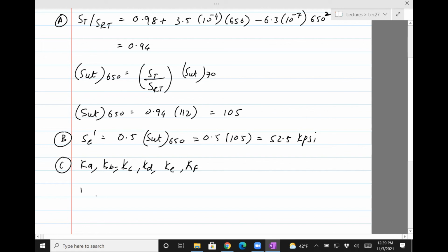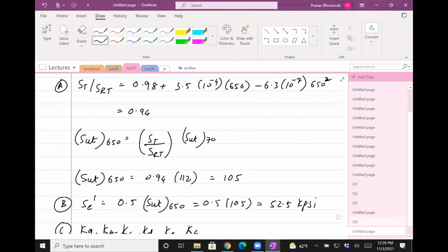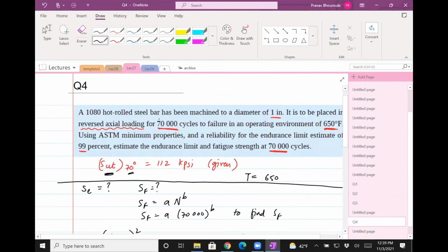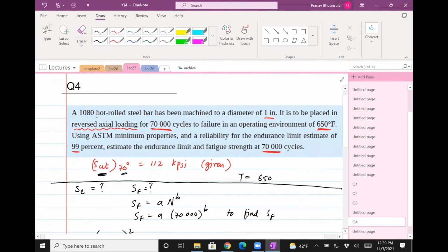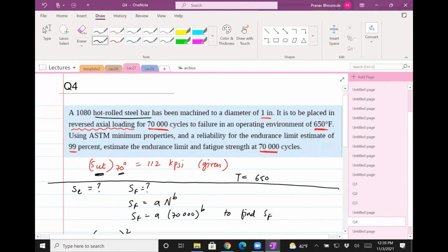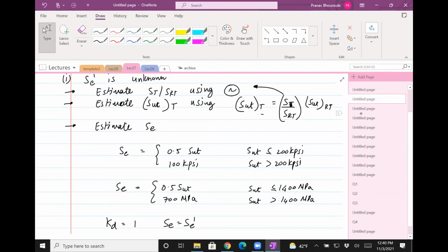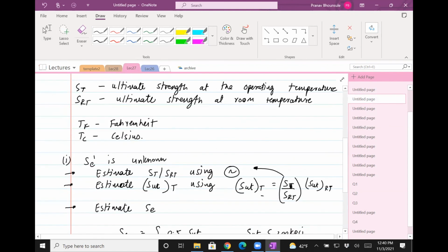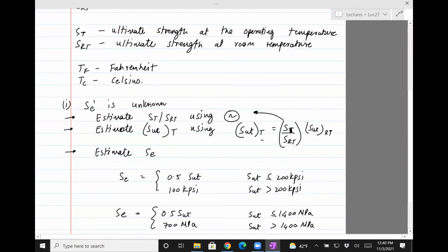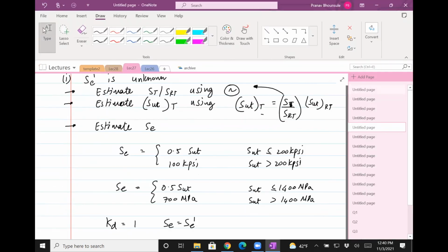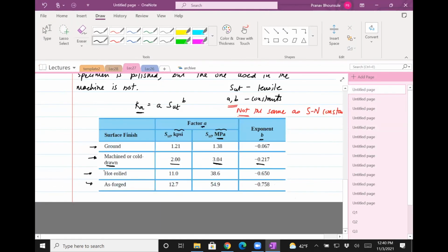For KA, all I need to know is the surface finish, and the surface finish is given in the problem. Let's see, it is a hot rolled steel bar. I need to find this in my notes now. Oh, there it is.